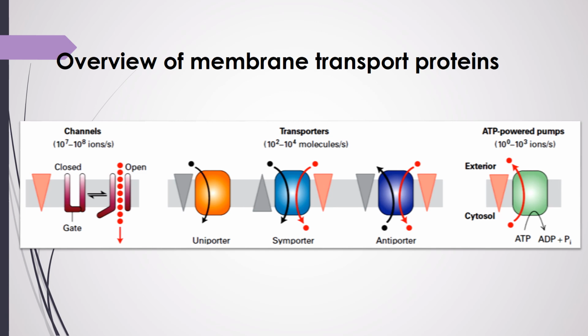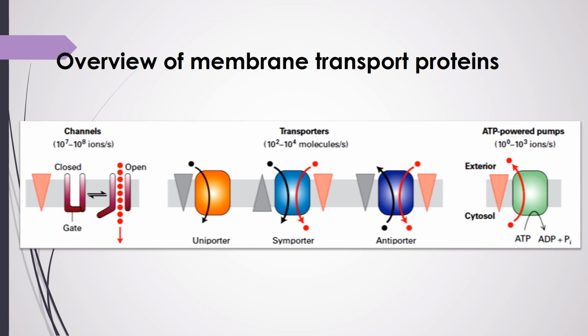Now we move to the pumps. ATP-powered pumps, simply called pumps, are ATPases that use the energy of ATP hydrolysis to move ions or small molecules across a membrane against a chemical concentration gradient, an electric potential, or both. This process is referred to as active transport, an example of coupled chemical reactions.